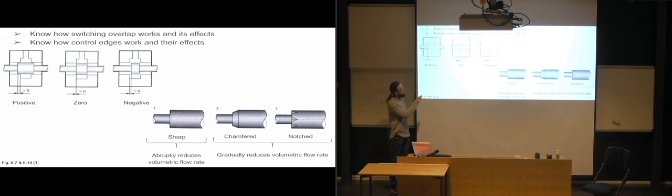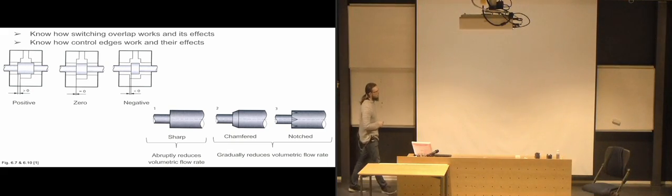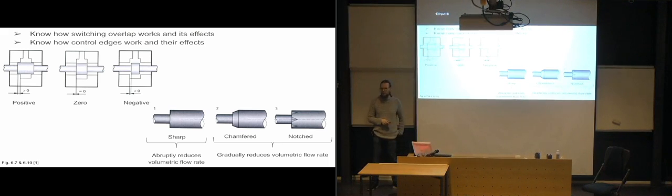And these edges of the slide can be shaped in different ways. You can have a sharp edge, like shown up here. The disadvantage with the sharp edge, and it's both a disadvantage and a positive side, is that they abruptly close off the flow.